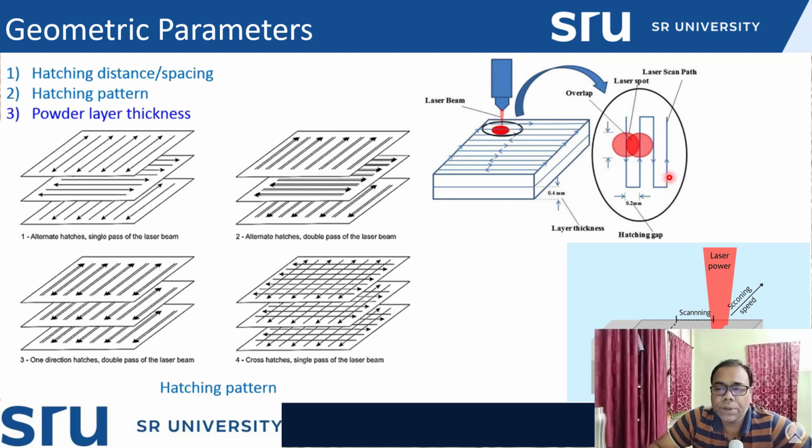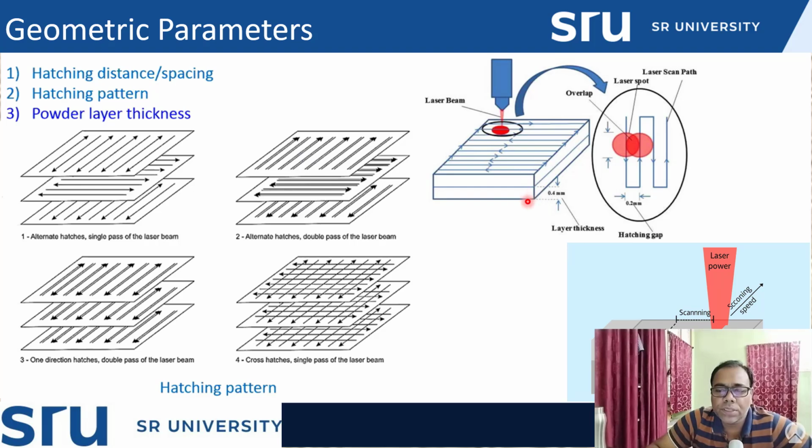Now coming to the hatching, the scanning area will be there. How will the scanning area be there? You can see that this is our laser beam and this is the scanning path, and the scanning path will move this way and scan the entire area this way and this way.